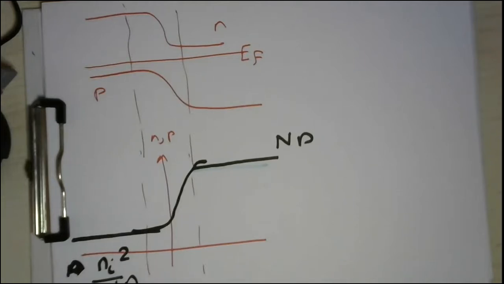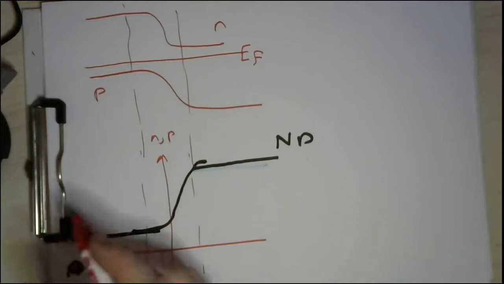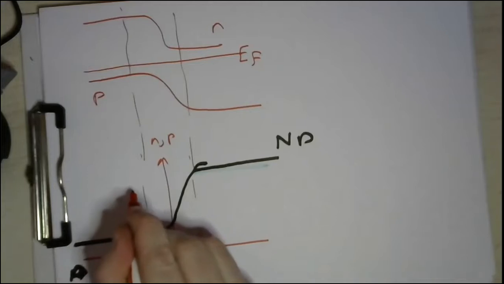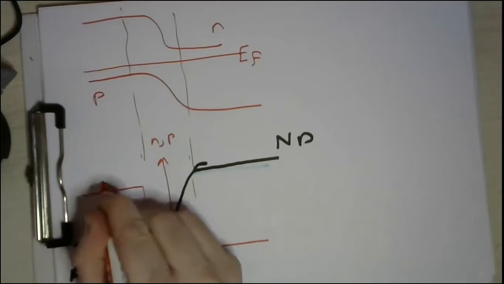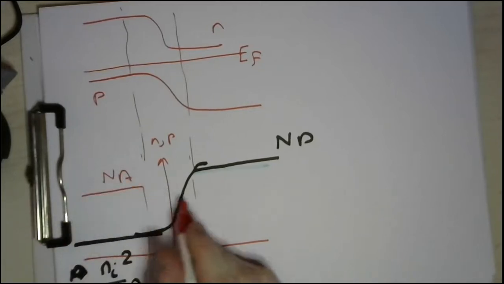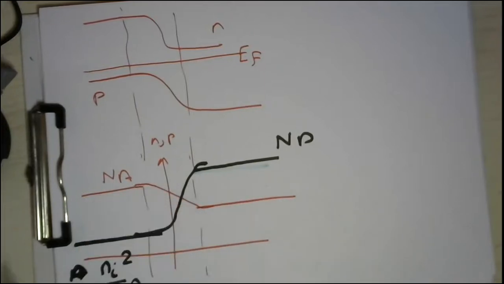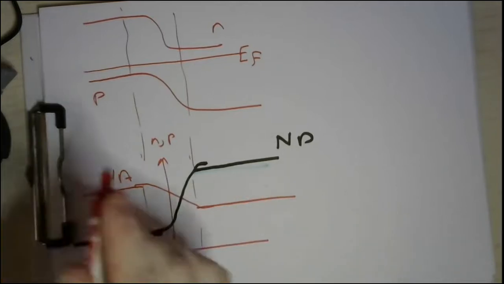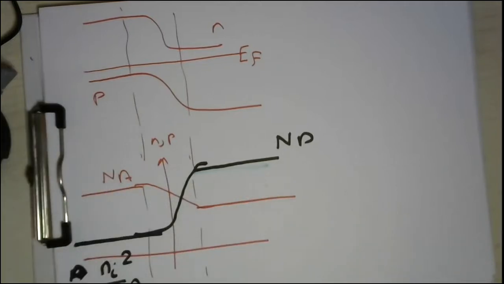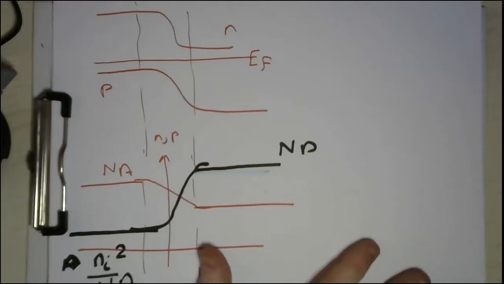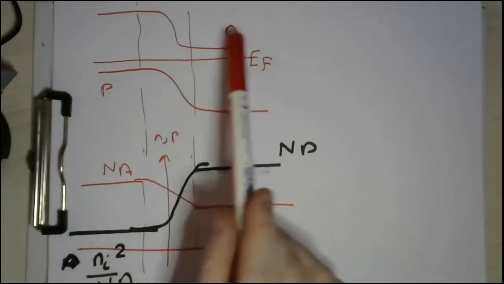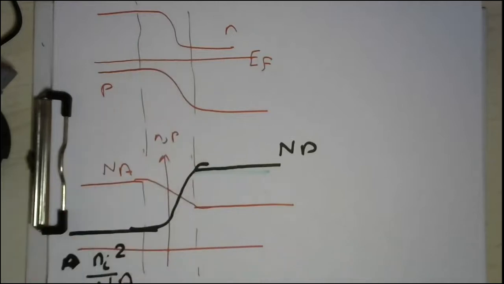Similarly, in the P type, holes are the majority, which is Na, and here holes are the minority, and then we connect them together like this. So this is the hole and electron variation in a p-n junction. Now, what if we apply a positive voltage, or a forward bias, to this junction?